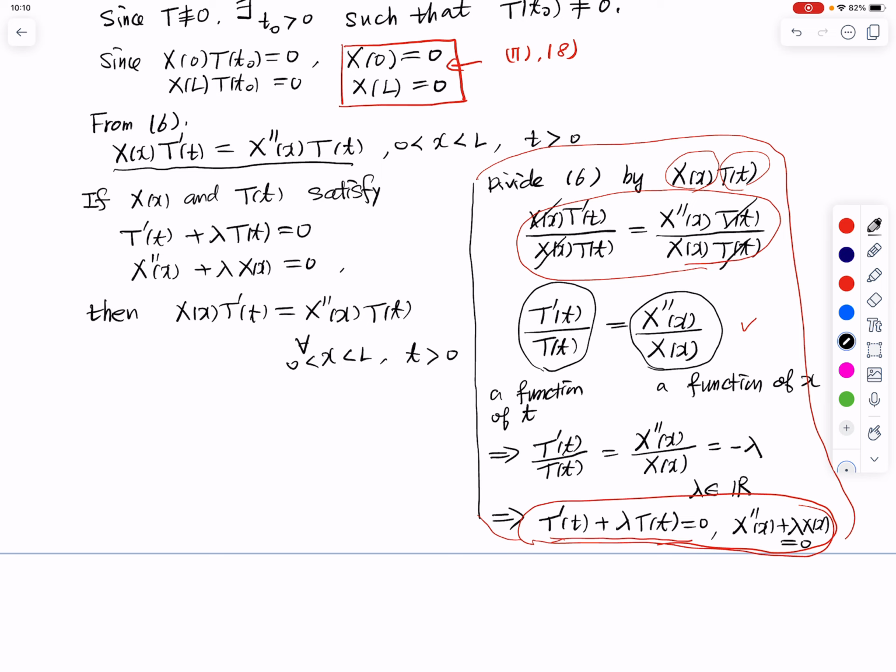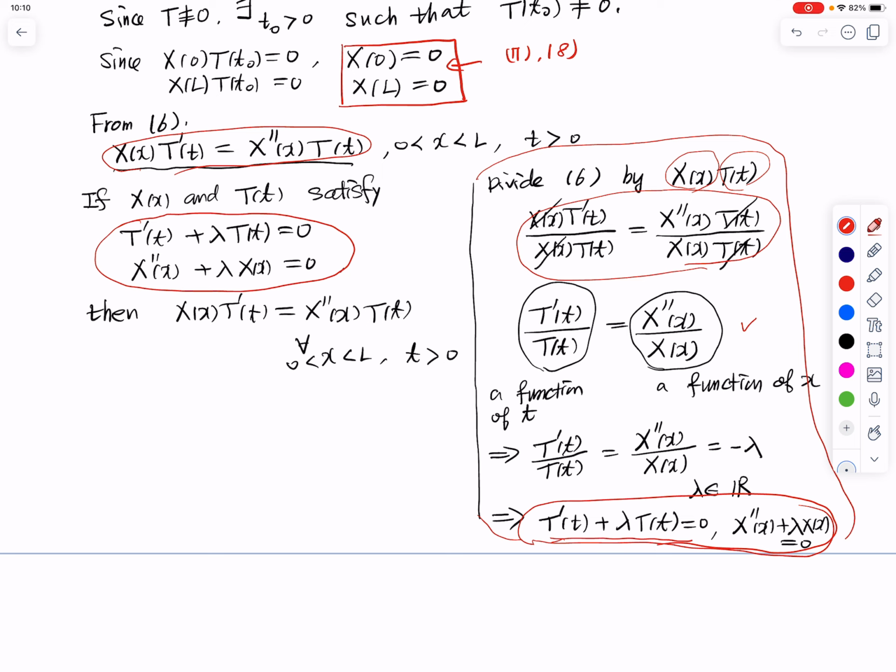Okay, so in order to find a solution of this, we need to find T satisfying this equation, and X satisfying X'' plus lambda X equals 0.